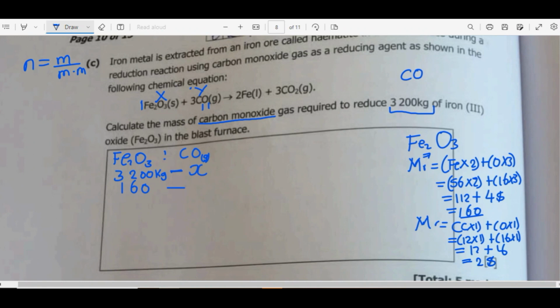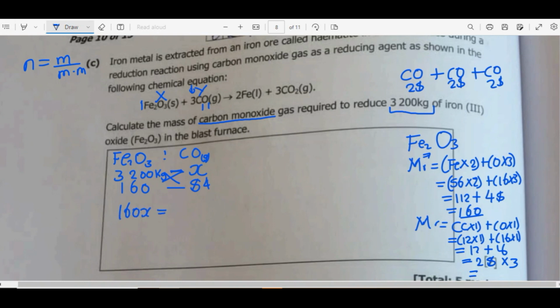Now because we have a 3 here, it means we have 3 of these. So this means that there is 28 plus another 28 plus another 28. Or to simplify this, we just multiply by the mole ratio, which is 3. 28 times 3 is 84, which we put here. We cross multiply. 160 times x is 160.